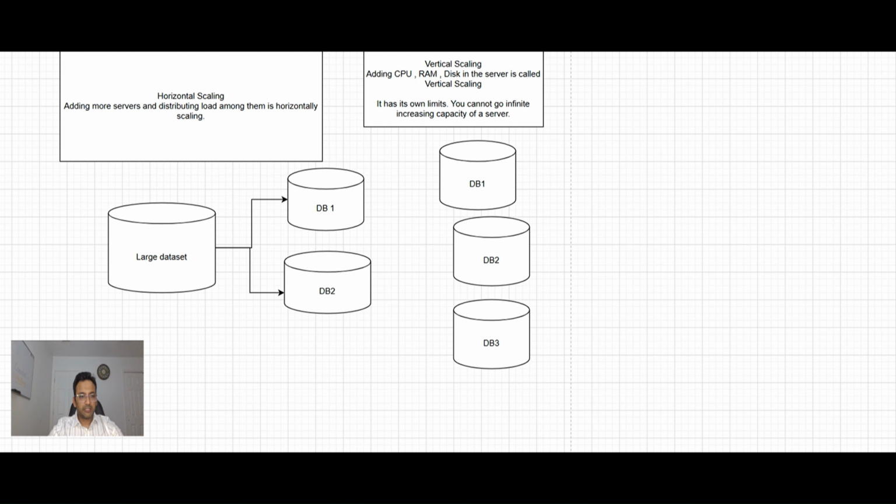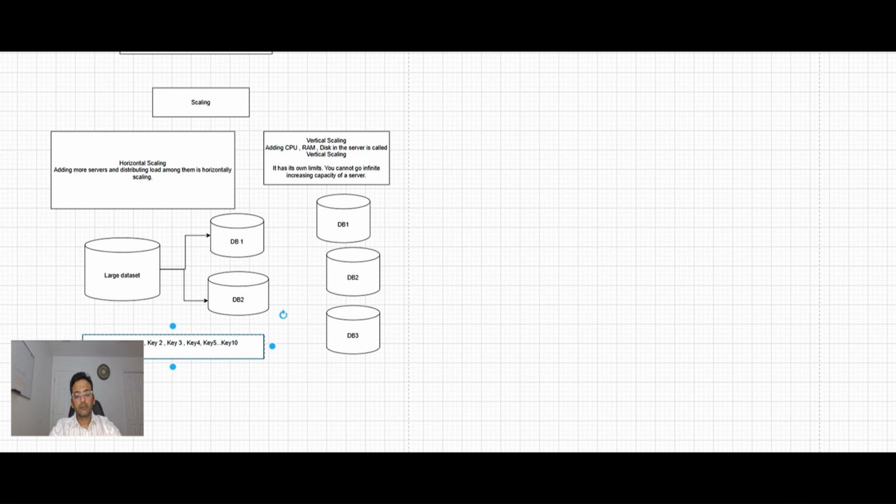Let's say we have a database having 10 keys, key 0, key 1, and so on up to key 10 in the large database. And in our example, let's say we have 4 servers.